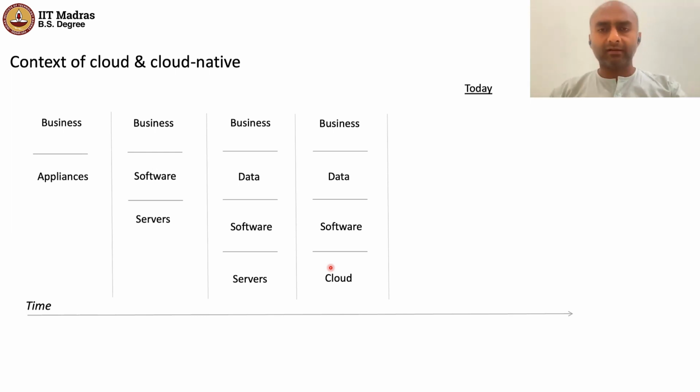Great. Now let's look at what's happened today, though, from the perspective of data and software. As cloud became more and more popular, what ended up happening is a lot of the common things that you associate with various parts of the cloud became commoditized. Meaning, I could get whatever type of resource I want at my fingertips.